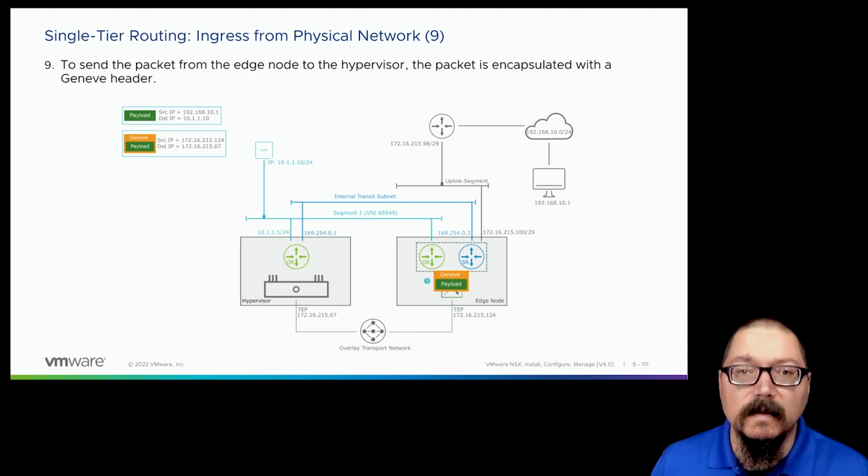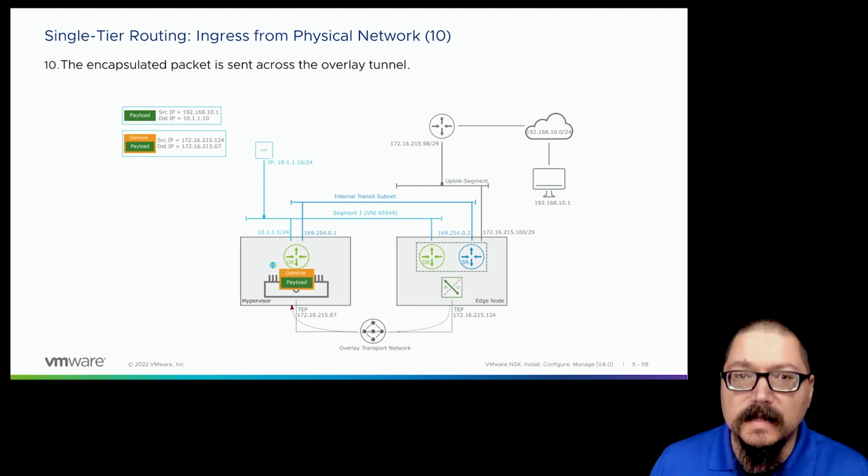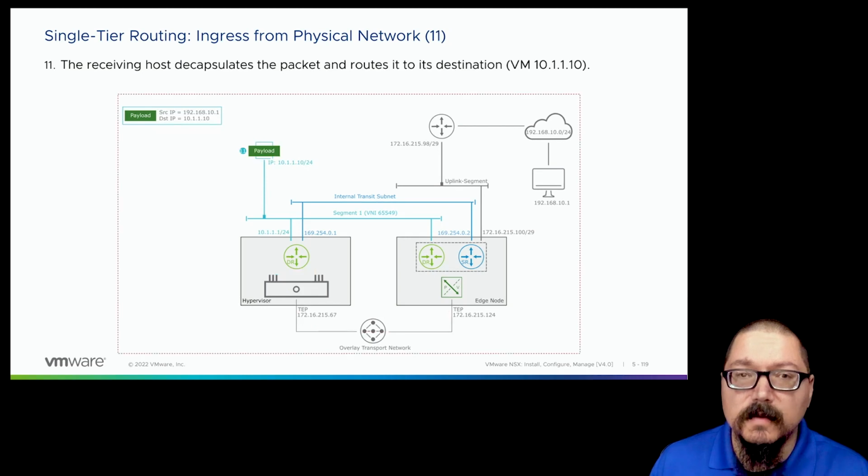So again, we have another logical switching packet walk to follow where my tunnel endpoint is going to encapsulate that frame. It's going to forward that frame across the transport VLAN to the destination ESXi host. And the tunnel endpoint on that ESXi host will strip away the Geneve headers and will look at the frame and put that on the virtual switch. The virtual switch will then forward that payload out to the virtual machine itself.